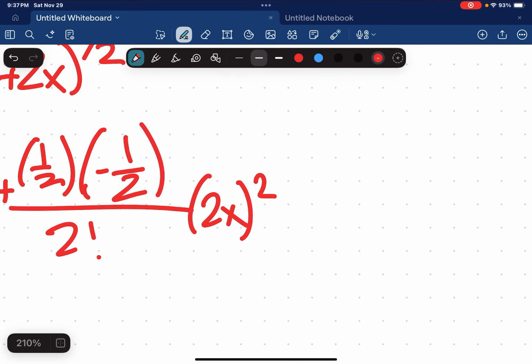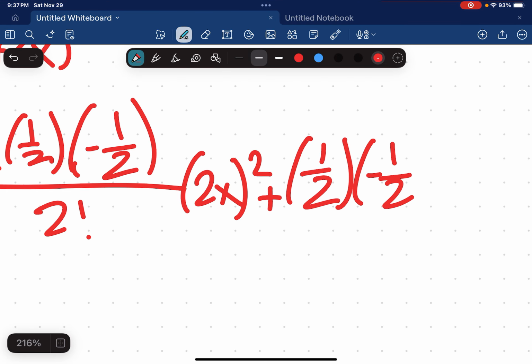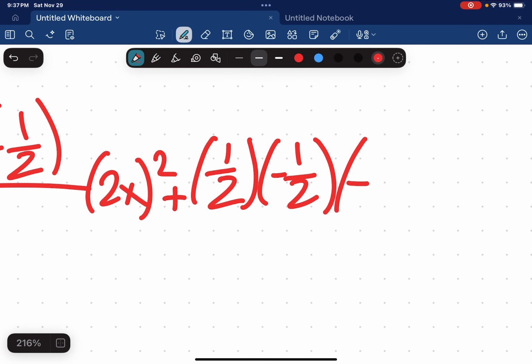And it said up to 4 terms. The first 4 terms. Okay. As we said earlier, the first 4 terms are just up till x cubed. Oh, this is going to be 1/2, negative 1/2, negative 3 over 2.